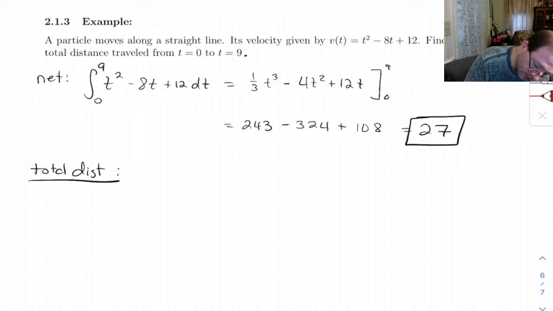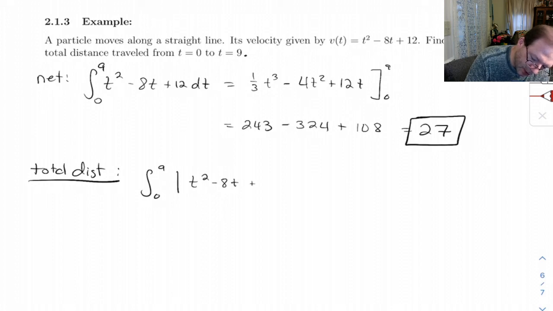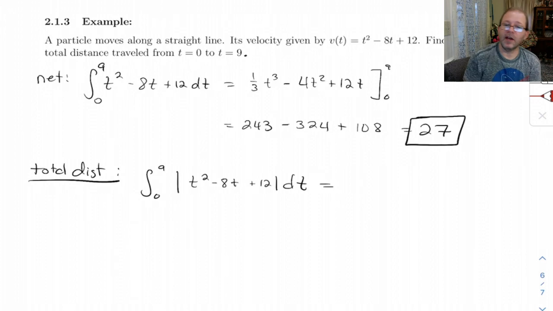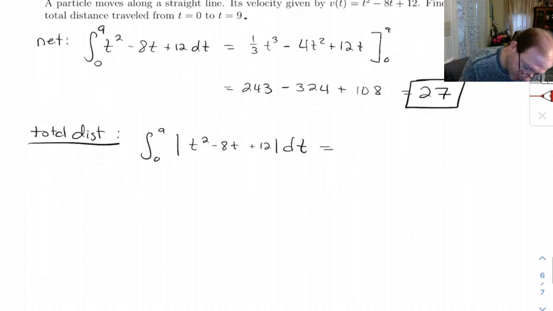The total distance is just the integral from 0 to 9 of the absolute value of t squared minus 8t plus 12. Now, if you could just evaluate that easily, that would give you the answer. It turns out you can do that on the computer. I want to do this by hand, but when we're done, we'll come back and do this one on the computer and see how it works.